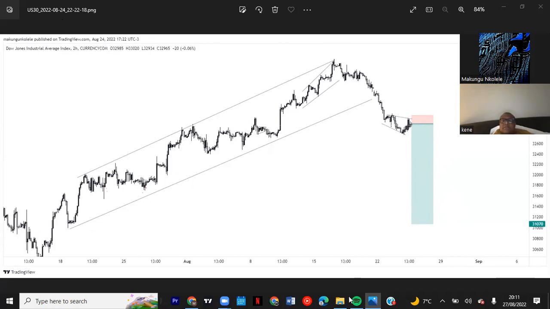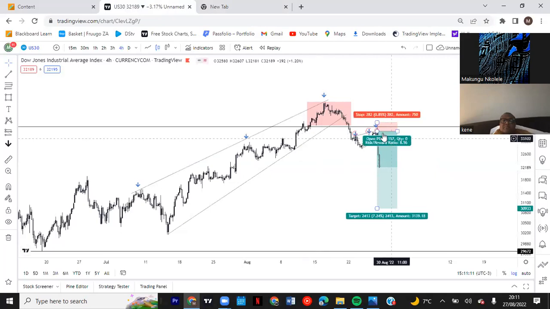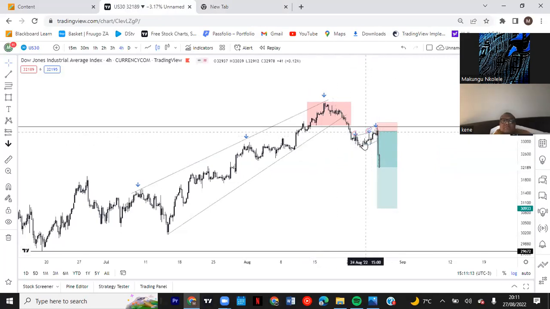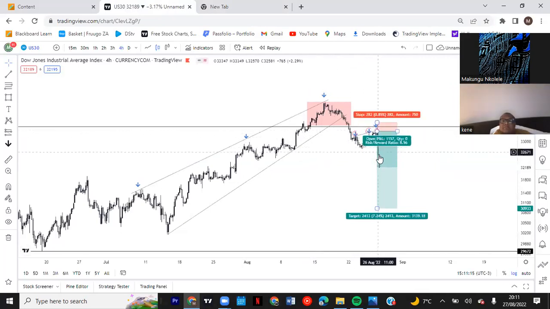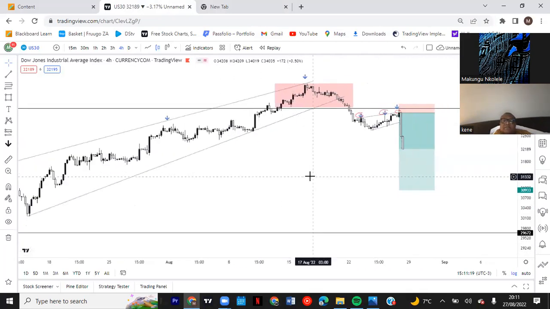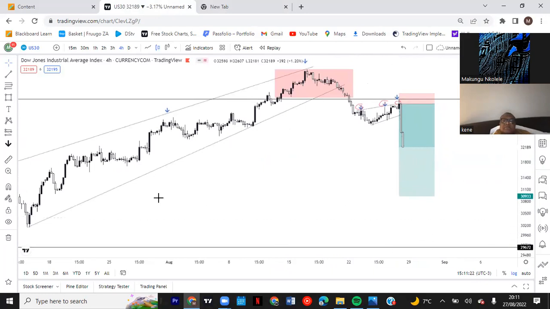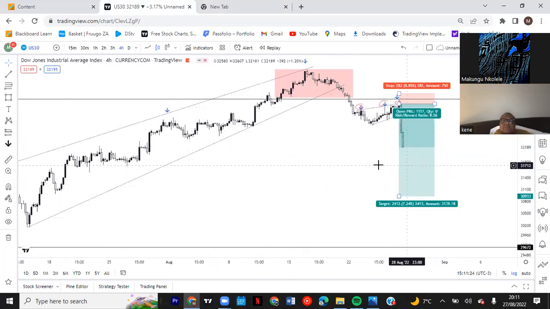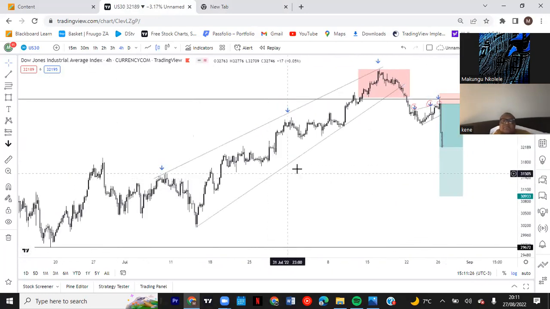So it is consistent with what we're looking at right now. As you can see, this is the correction that we had, and the price is going to the downside right now as we speak. So I did see the sell off, but I didn't enter the trade.